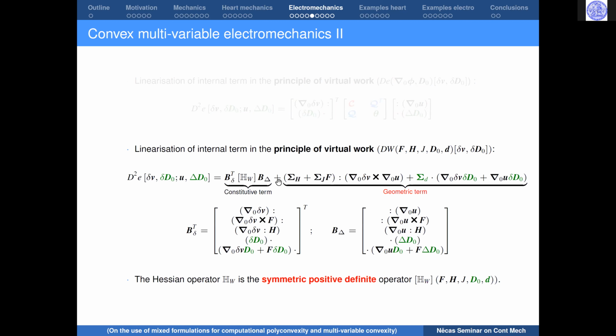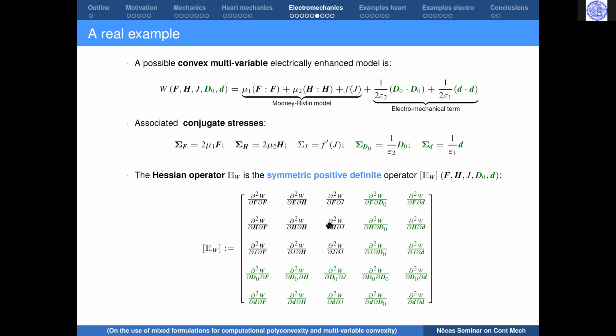So we have a pure constitutive term, and we have geometric terms. And these geometric terms become zero in the case of rank 1 convexity, okay? Hence, polyconvexity implies rank 1 convexity even in the extended case of electromechanics.